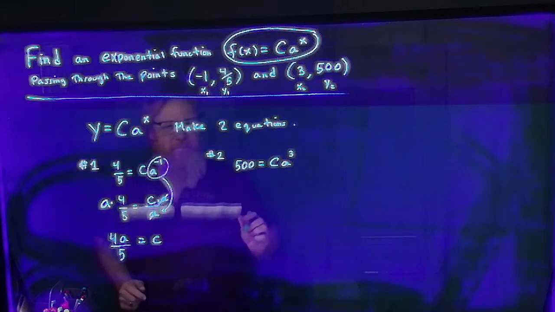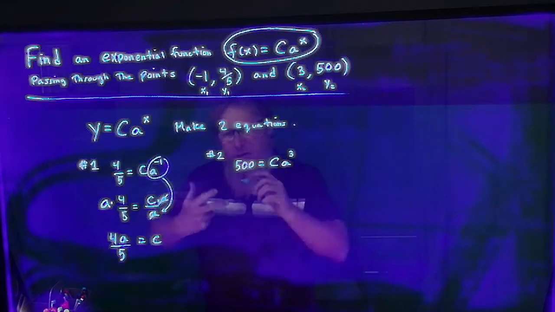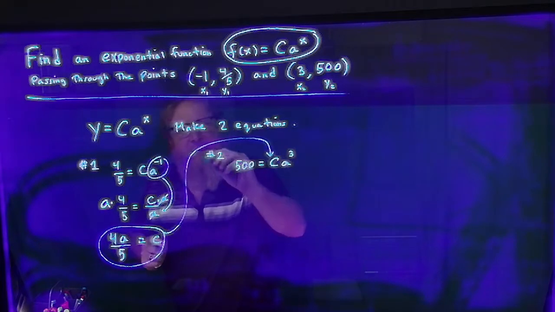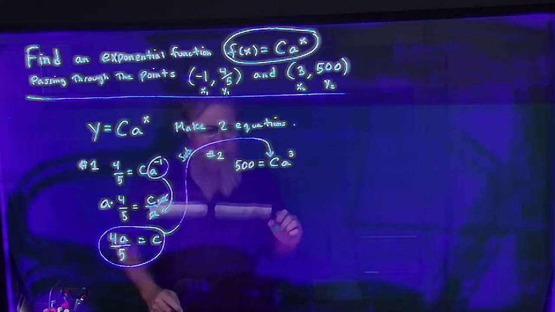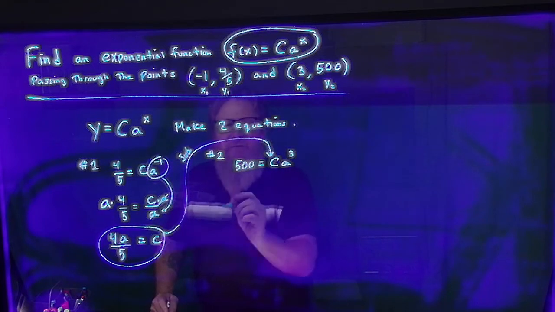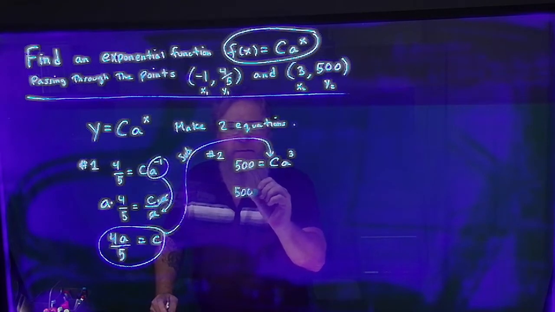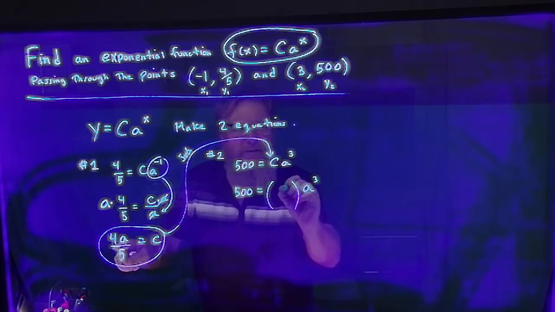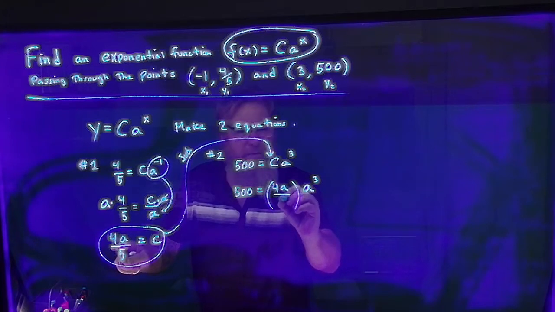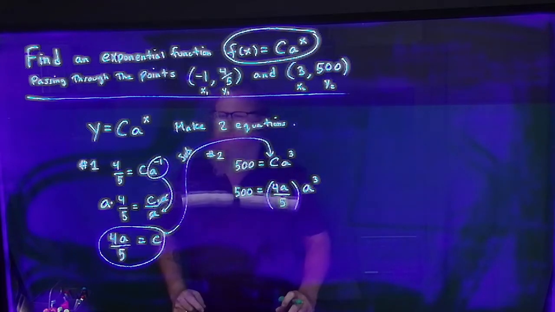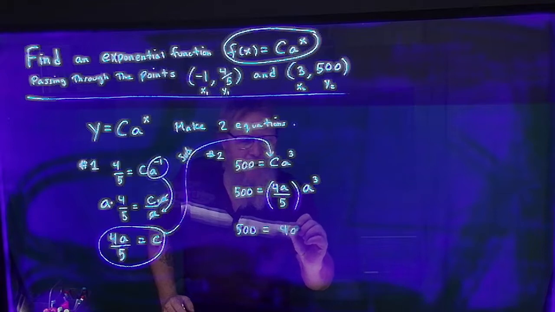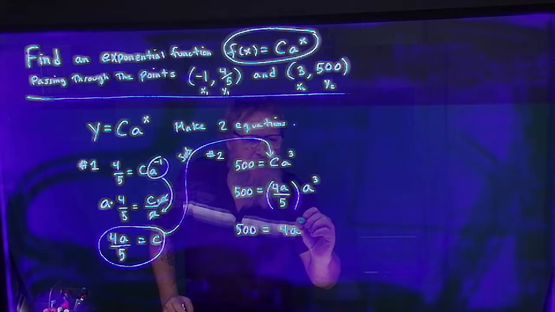And then we're going to use the classic substitution method. Call this a substitute, or a sub. So we're going to sub in this value for C. So that's going to be 4A over 5, and then we get 500 equals 4A to the 4th.